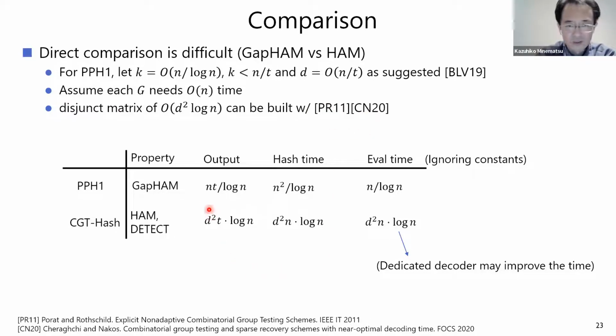I'm not going into the detail of explaining each figure, but this output size shows that generally, if d is sufficiently smaller than n, our scheme produces a much smaller output length than the PPH1.